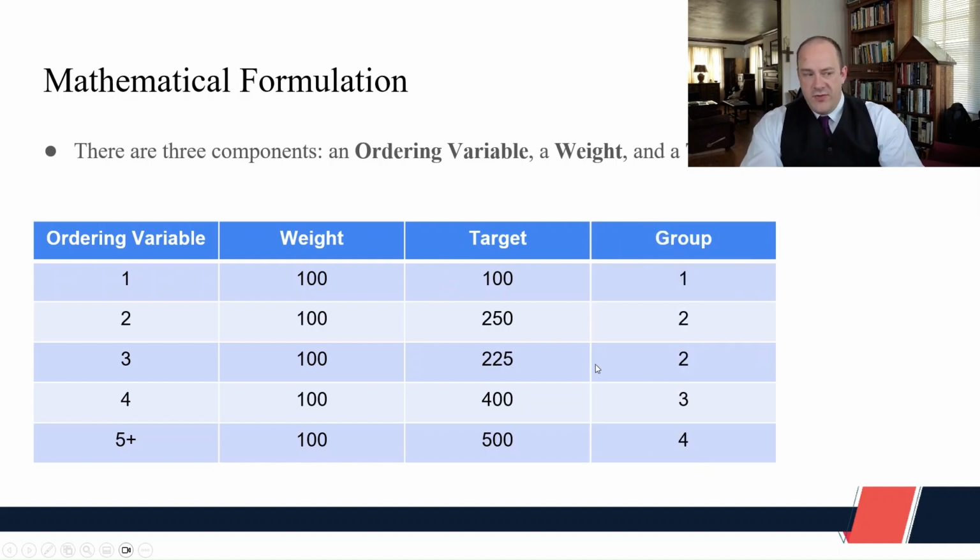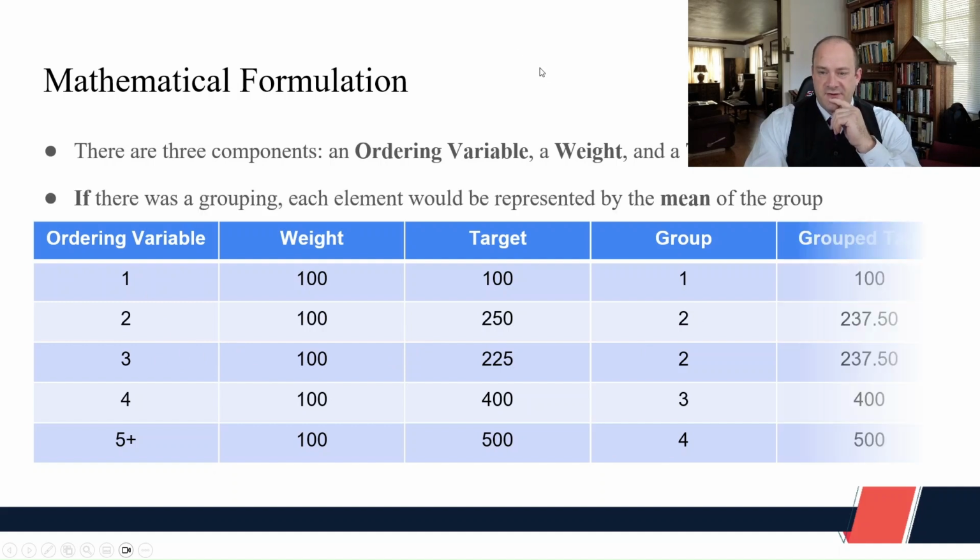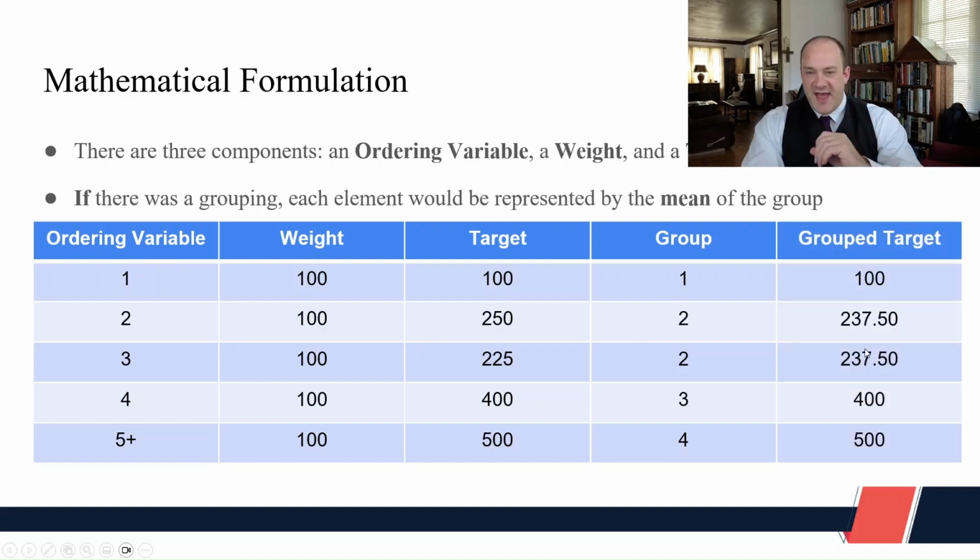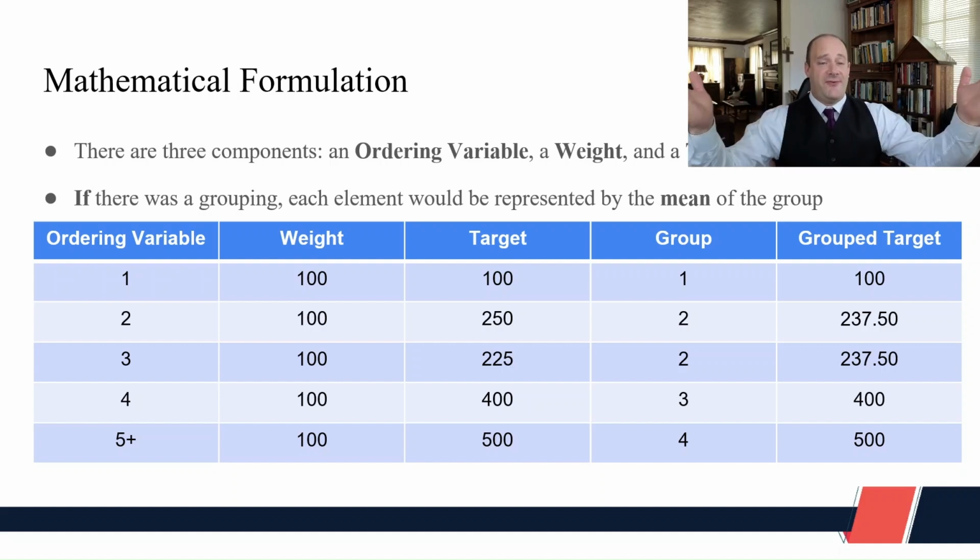And so this is what we decided upon in the previous slide. We said, okay, we're going to group these 2 guys together. And why do we do that? Well, it's because when you have this mean that comes out of it, you get a small sum of squared errors. And so what do we learn from this small example? Well, if there was a grouping, each element would be represented by the mean of the group.